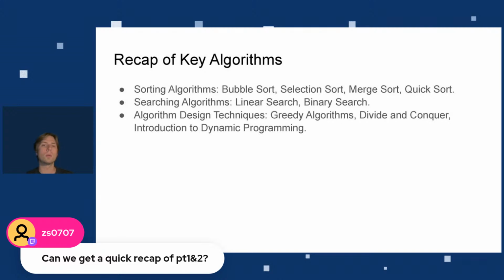Those were our four main sorting algorithms, and we learned that bubble sort and selection sort both operate on a time complexity of O(n) squared. We talked about big O notation and how they're kind of slow in terms of sorting algorithms. The two faster ones were merge sort and, to some extent, quick sort, where we split up the data first to then sort it in the end. So yeah, that was really great.